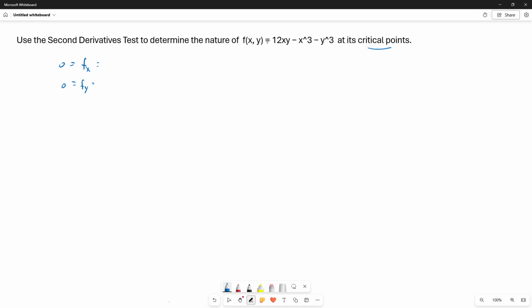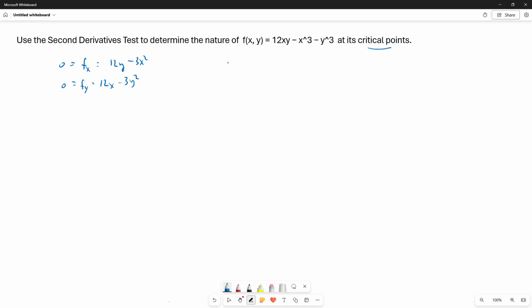f sub x is equal to 12y minus 3x squared minus 0, and f sub y is equal to 12x minus 0 minus 3y squared.